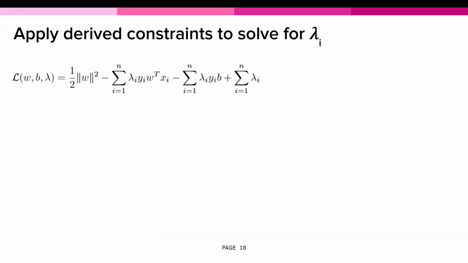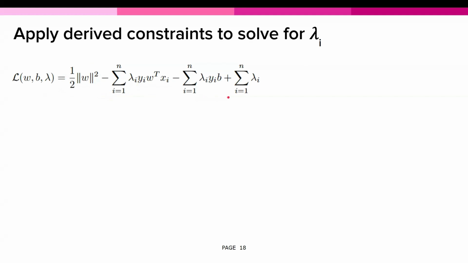But in order to solve the problem, we need to find those Lagrange multipliers. So we need an expression purely in terms of the multipliers and our training data. Okay, so what do we know? We've got the Lagrangian copied over at the top. This includes the term for minimizing the squared norm of the weights and the terms incorporating the constraints via the Lagrange multipliers.